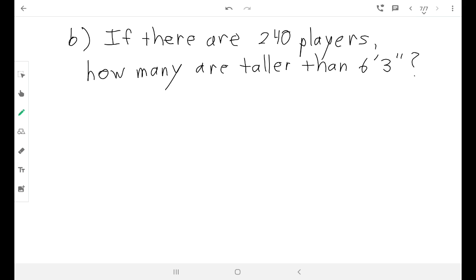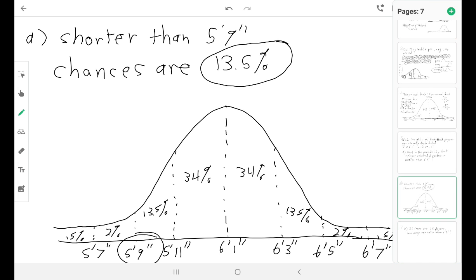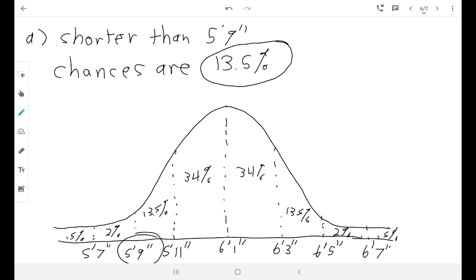All right, so let's look back again at the previous board. So 6'3" puts us right there. And then we want to know how many are taller than that.